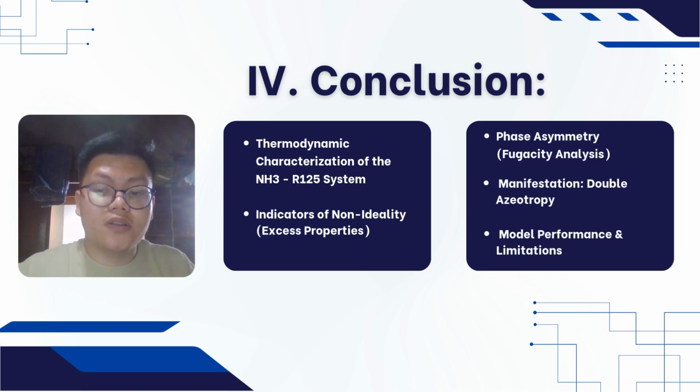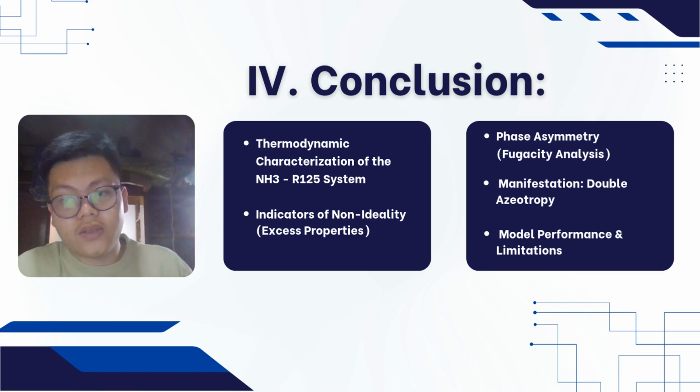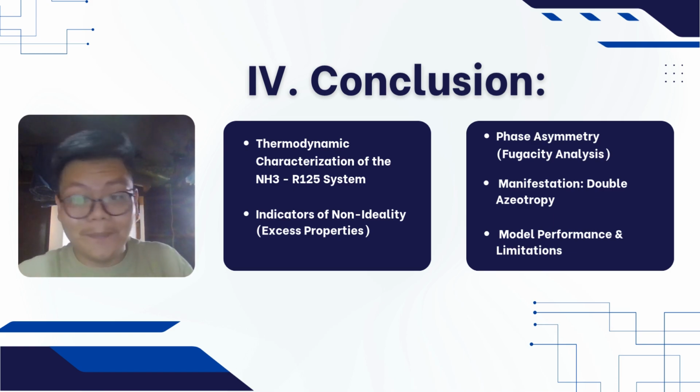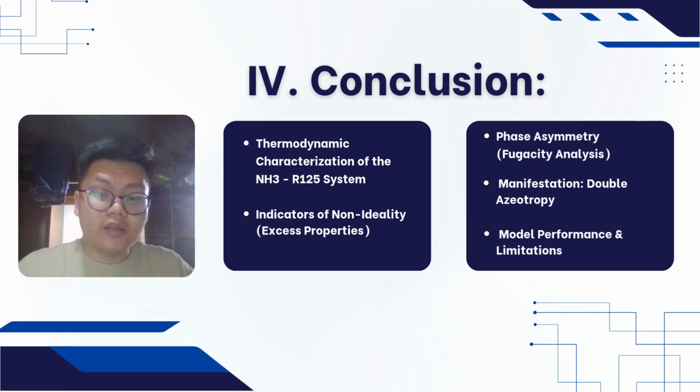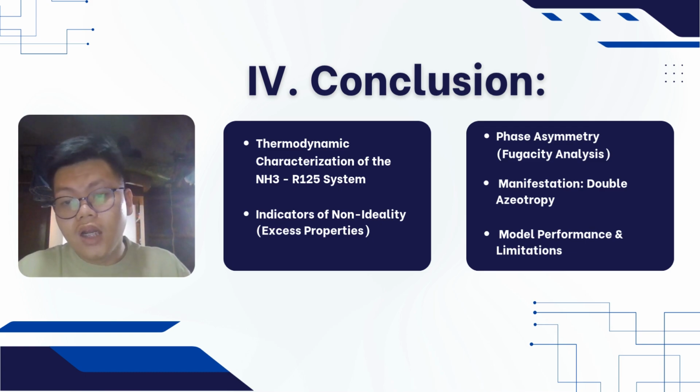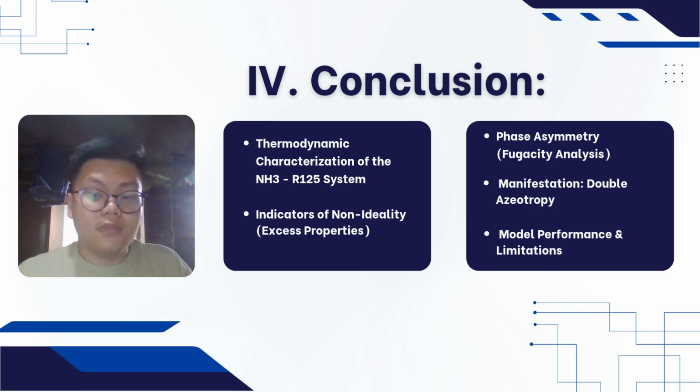This happens because the associative ammonia molecules prefer to bond with themselves, effectively repelling the R125 and increasing the system's volatility. But in the R125 region, the behavior flips. We get a negative deviation azeotrope, or a maximum pressure point. This is likely caused by the formation of specific favorable complexes between ammonia and R125, which reduces the system's volatility.